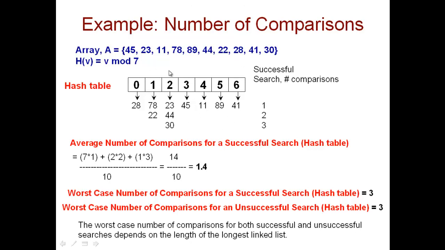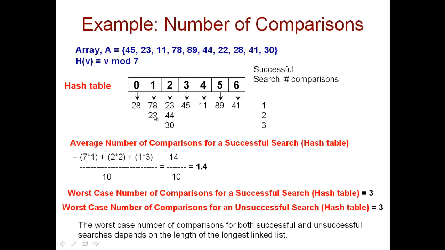So a successful search is a search for something that is part of the input array. So if the element is in the input array, it's going to be somewhere in this hash table. If the search key is the first element in any of these linked lists, then you're going to require just one comparison, because once you find the hash index, you search only in that linked list.